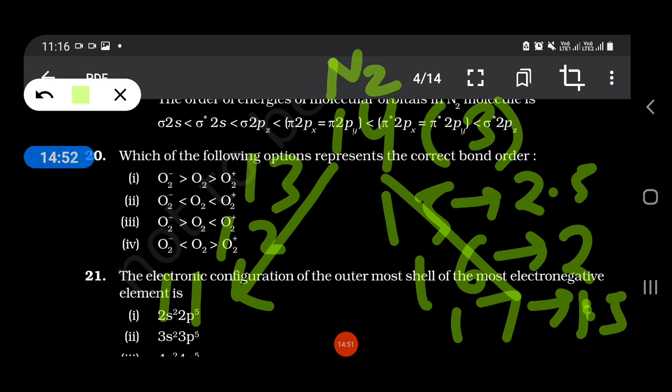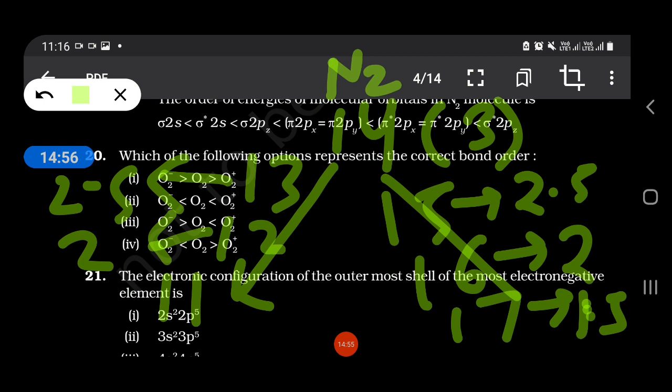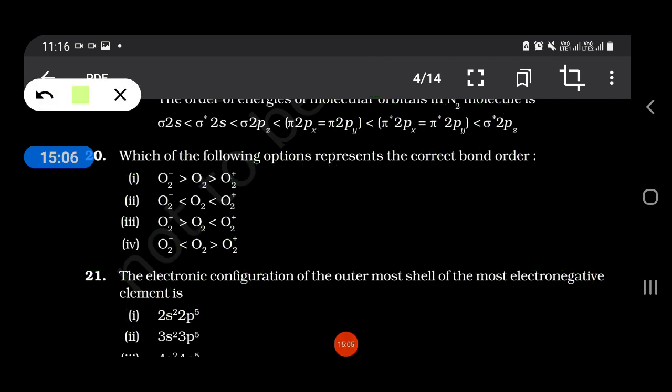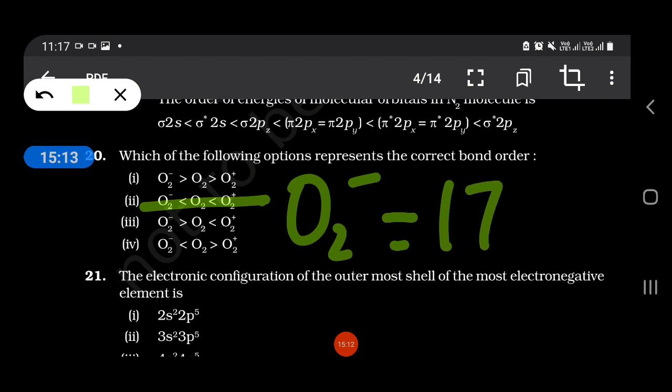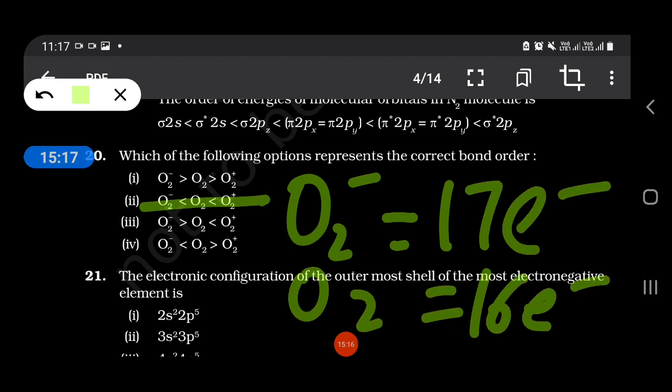And for 13 it is 2.5, for 12 it is 2, and for 11 it is 1.5. So when you do this question, the answer is 2, because O2 minus has 17 electrons, O2 has 16 electrons, and O2 plus has 15 electrons.